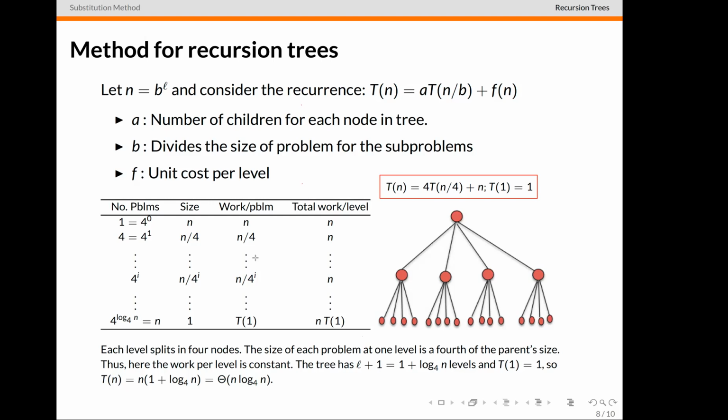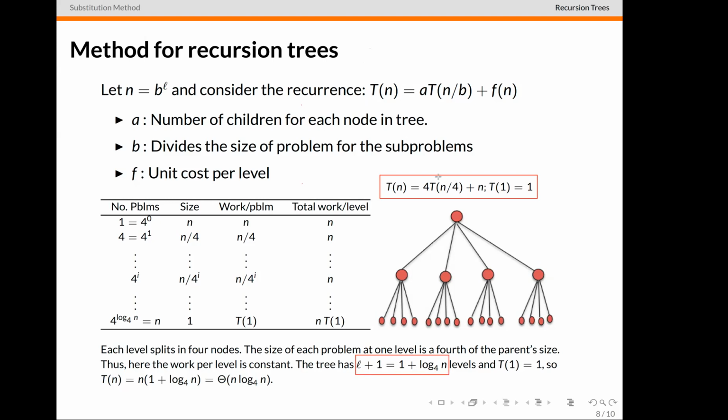So this is another example where what I've done is to put a table. And in this table, we can pretty much see that we analyze how much work we need to do. Again, work per problem means the problems are each of the nodes in the trees. And the total work per level is this one. So as before, we identified that the number of levels is L plus 1. In this particular case, we're going to be assuming that n is equal to 4 to the L, because now we are dividing by 4.